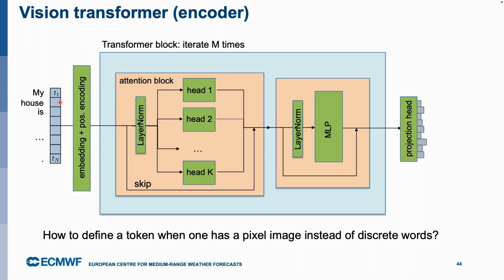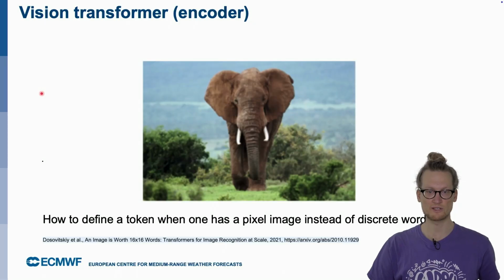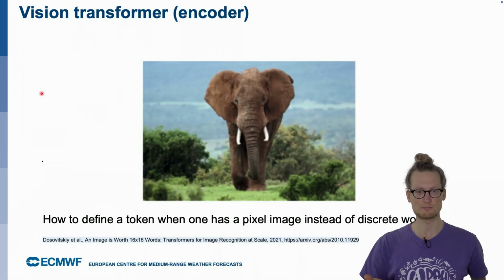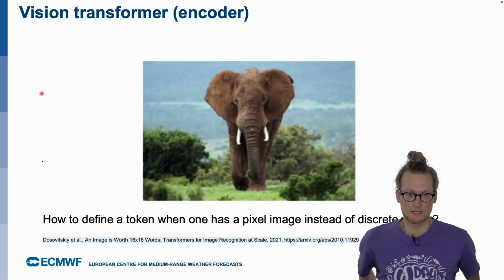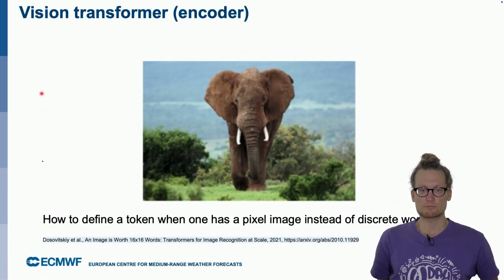Can it also operate on images that consist of hundreds or thousands of pixels instead of just a one-dimensional sequence? So far we have only looked at how the transformer would process a sequence of words. But what happens if you want to process an image, like, for example, this picture? How would you process such an input with your transformer?